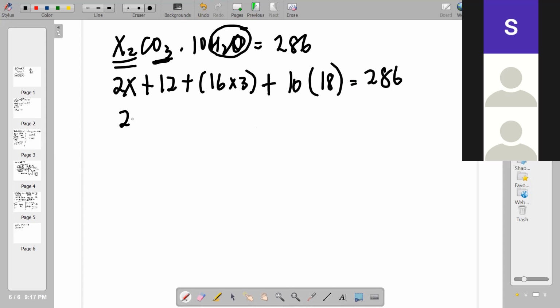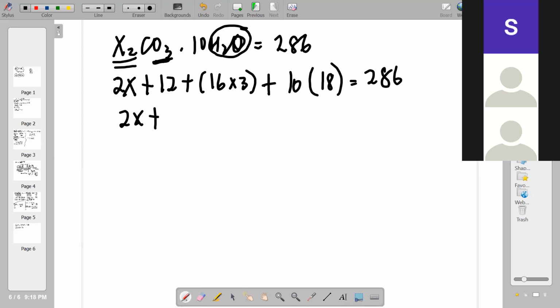Next one. I want somebody to do this for me. Who is good in maths in your class? Who's the maths champion? Who always scores very well in maths? Karthikeyan.